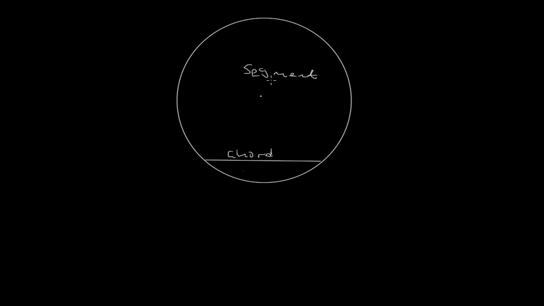Okay, so let's just have a quick recap of what we have learned so far. We've learned that this is a chord. We've learned about the radius. We've learned that this is known as a radius. We've learned about the diameter.